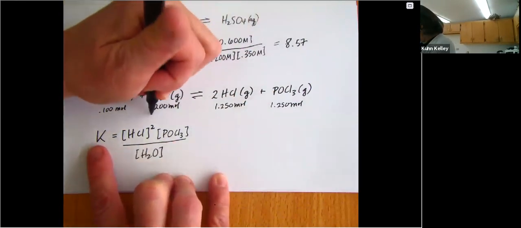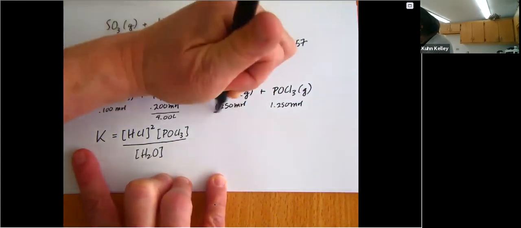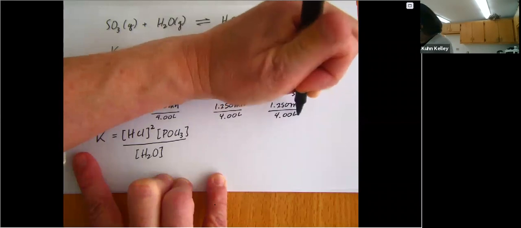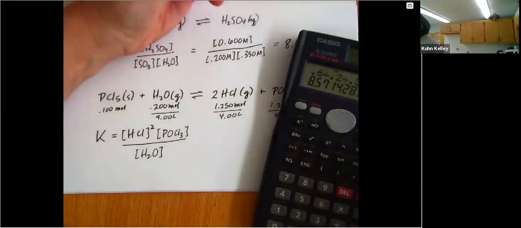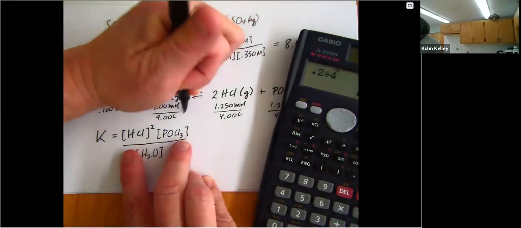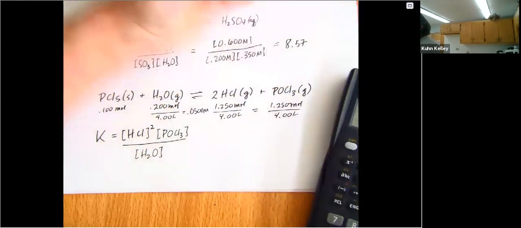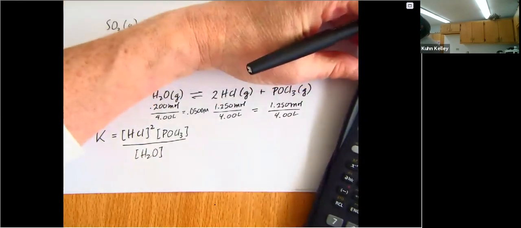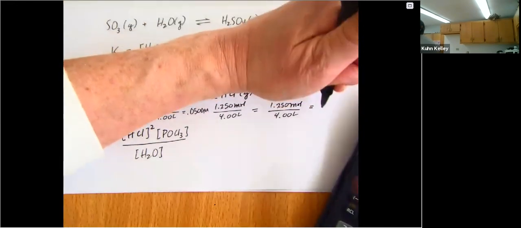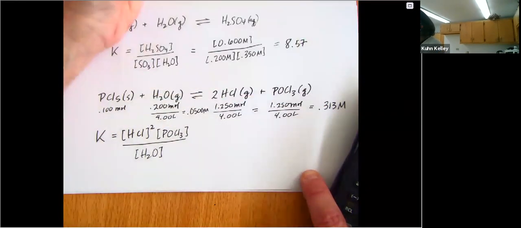So that means in order to get molarity, I'm simply going to divide each of these by 4 liters. So my concentration of water, 0.2 divided by 4, is going to be 0.0500 molar. And my hydrochloric acid and POCl3, 1.25 divided by 4, so there are my concentrations that I can plug in.